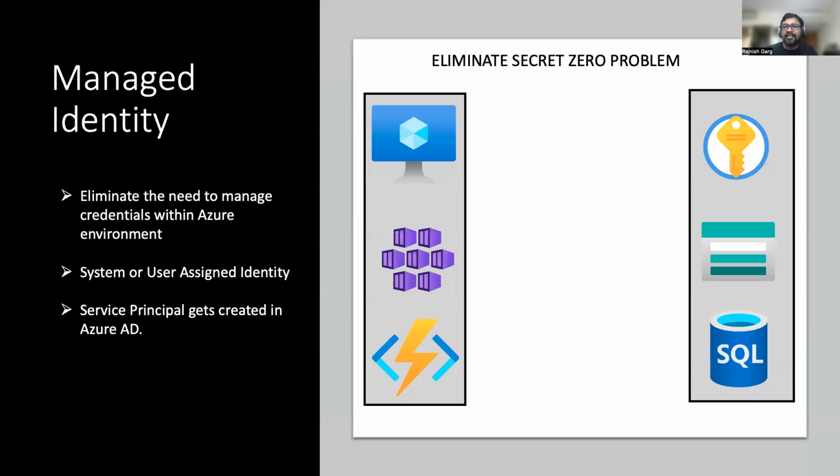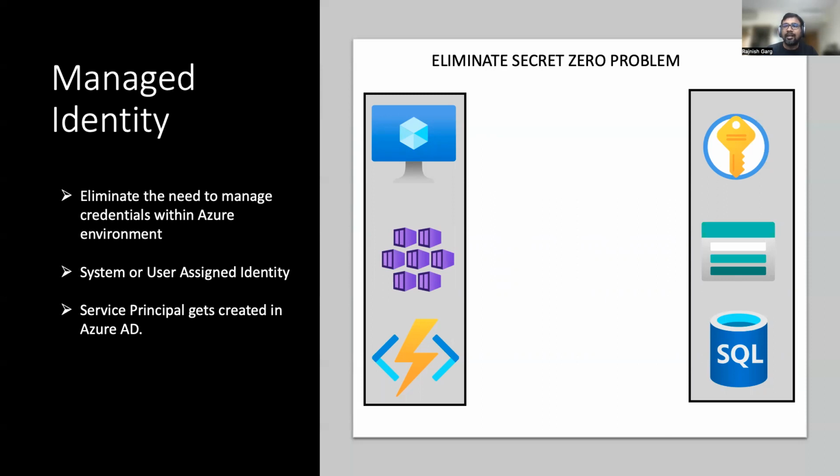The last identity type is called managed identity. It's very similar to your AWS IAM roles, where you primarily assign the IAM roles to your EC2 instances or to Lambda. If your EC2 instances want to communicate with your S3 bucket or any set of resources, you don't have to provide any kind of credentials at all. On the Microsoft side, they call it managed identity.